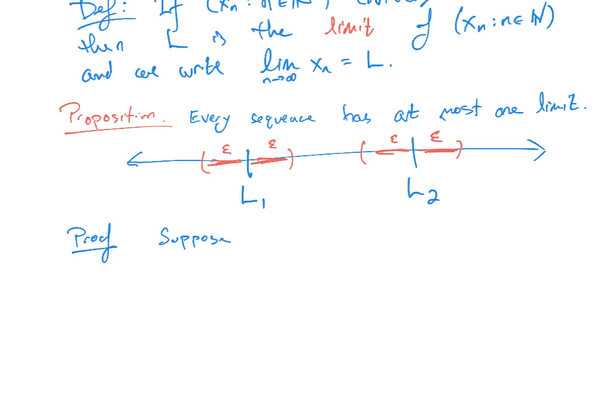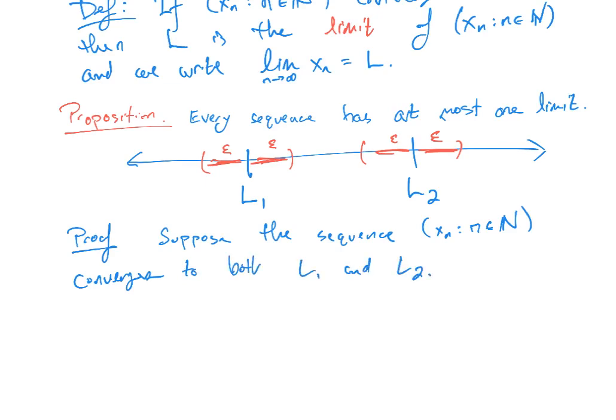First, though, in our proof, we need to say what sequence we're talking about. So suppose the sequence x_n converges to both L1 and L2.